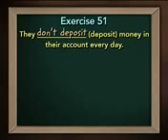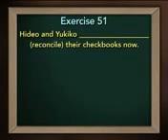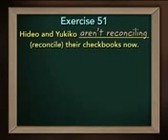Or you will see, "Hideo and Yukiko blank reconcile their checkbooks now." Now is the key. "Hideo and Yukiko aren't reconciling their checkbooks now." Not so tough and kind of interesting. Okay? So put your program on pause, look at your study guide, and please continue the exercise.